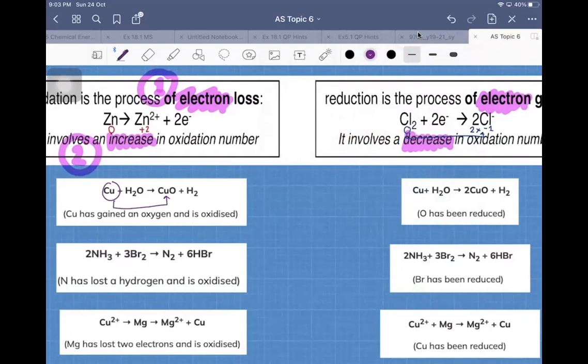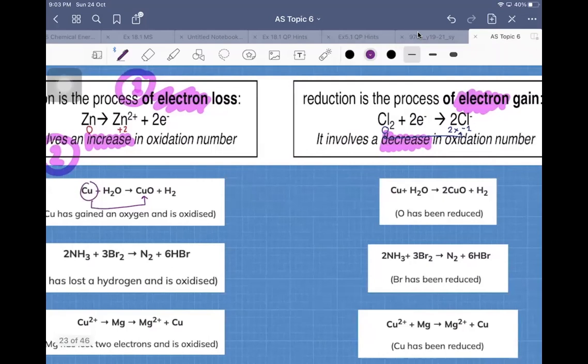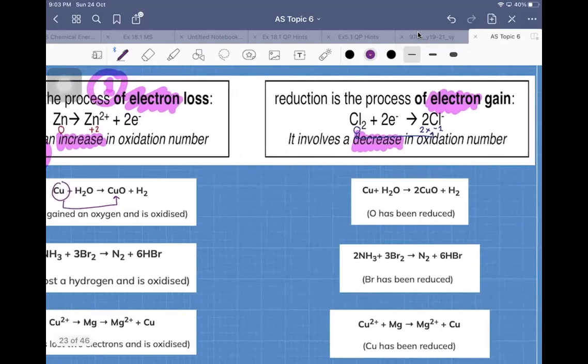That means copper has gained an oxygen and therefore it is oxidized. Whereas in the other equation, it goes from H2O to become H2. You have lost the oxygen.